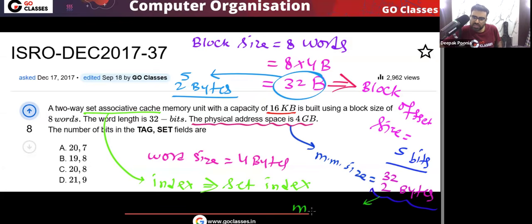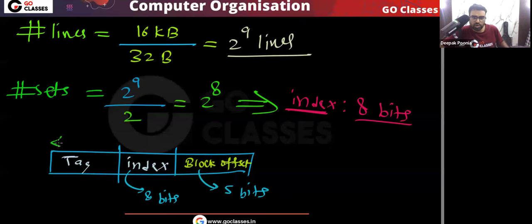Is this clear? So here I can say that the physical address size, or main memory address size, is 32 bits. So in total we have 32 bits. What is the size of the tag field? How many bits do we need for the tag field?